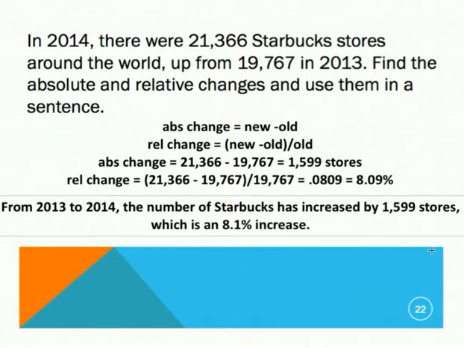Now using the word increase is always a good idea, or decrease if you have something that's decreasing. Instead of saying the absolute change is 1,599 stores or the relative change is 8.1%, it's nice to use words like increase or decrease in terms of the interpretation.